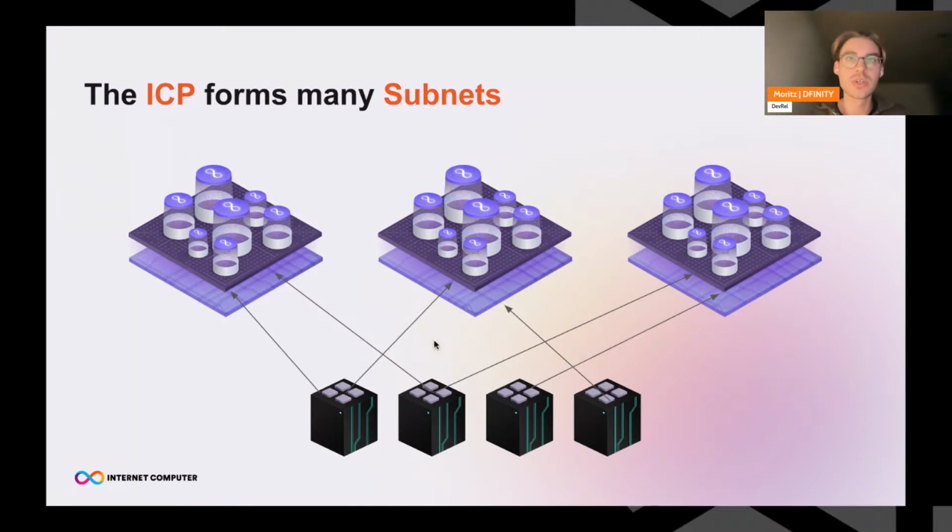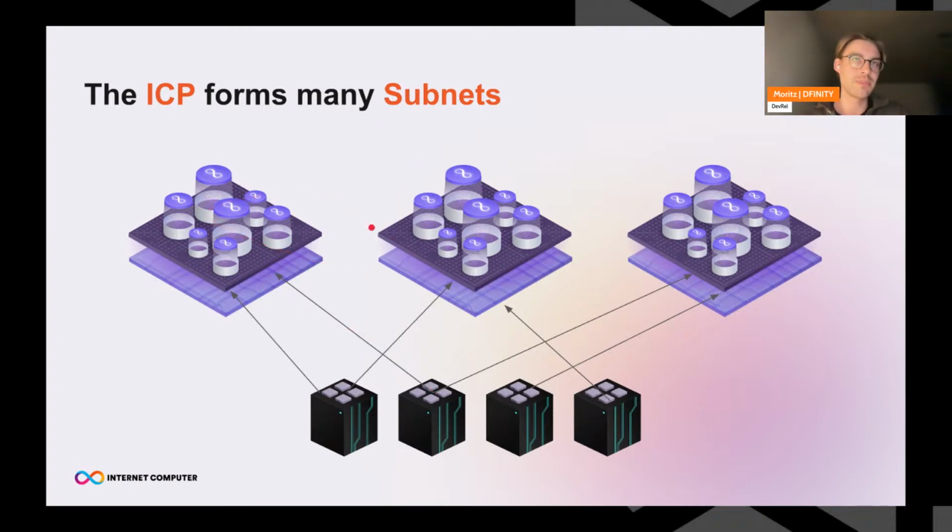I think I have a pointer. Yeah, perfect. So those are the data centers, the black cubes. Then within the data centers, node providers run nodes. And the nodes then again form so-called subnets. And every single node, so every gray box here, can only be part of one of those subnets.